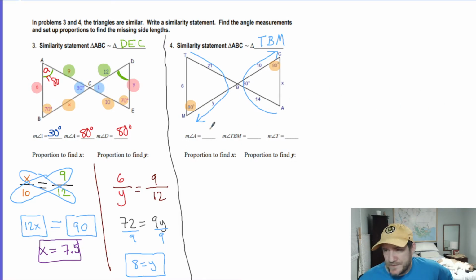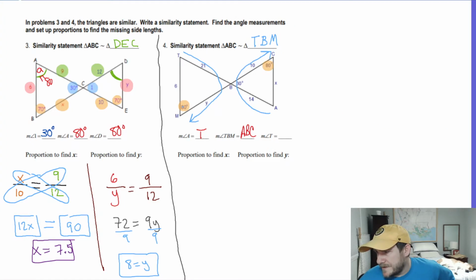Then once you've got that, the rest is cake. It says angle A corresponds with, we know that it goes with T. It says angle TBM, it's going to correspond with ABC. And you know what? I'm being lazy. Let me not be lazy, because I would mark you down if you guys did this.